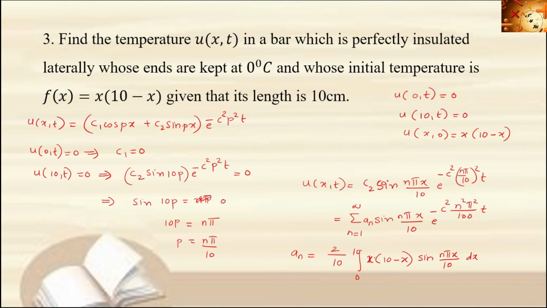Next we want to find what is an. So an is equal to 2 by 10 integral 0 to 10 x into 10 minus x sin n pi x divided by 10 dx.